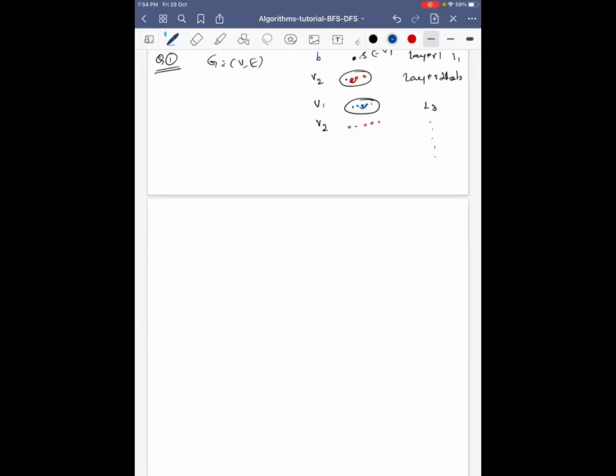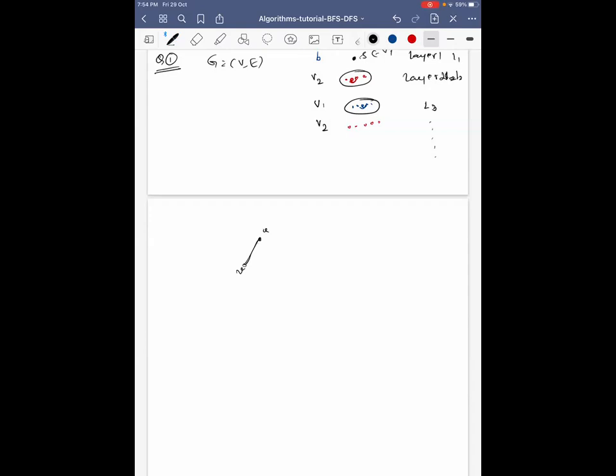See, when you run BFS, you will end up with a BFS tree, right? It's very easy to come up with a BFS tree. All you need to record is the parent pointers. Let's say you have an edge UV.